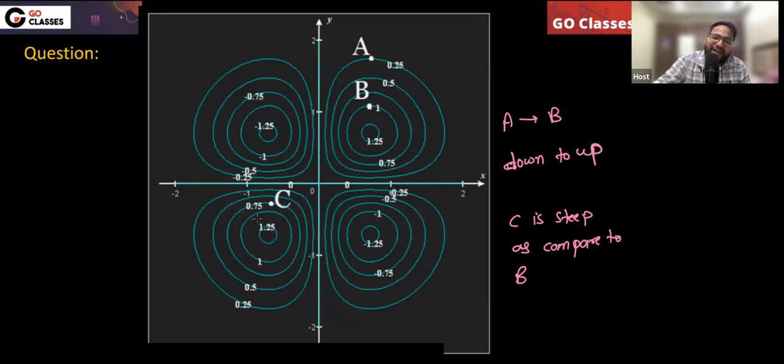Don't say if you go too much, because then obviously anything can happen. If you go too much, past 0.25, it can decrease also. But tell me just the immediate one. If you go a little bit, the function value increases, right? Is this fine?